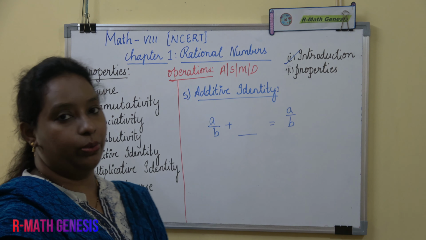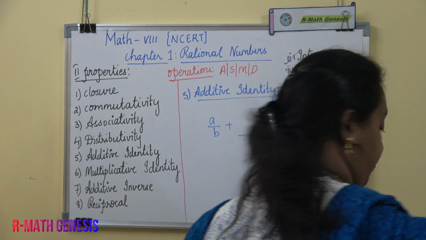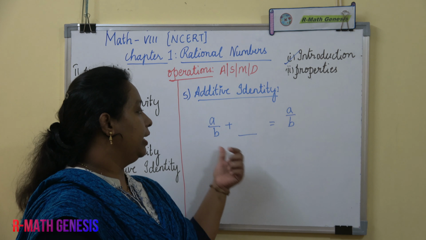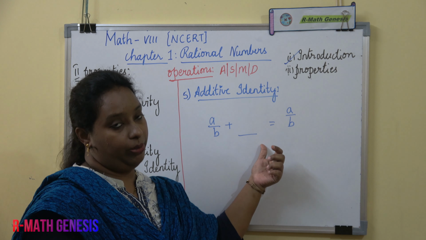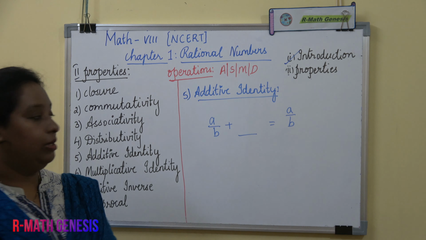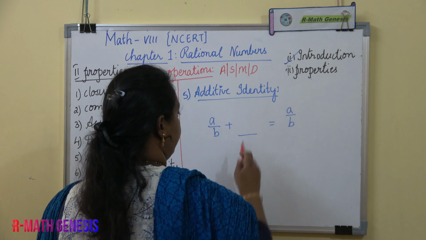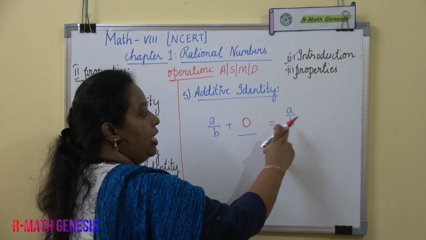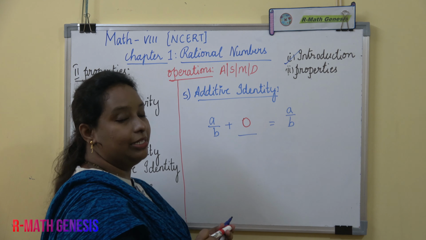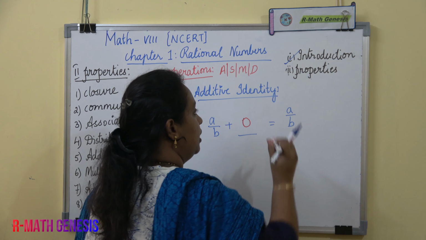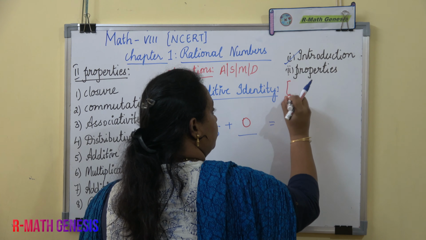So what will we add to get the same number? We'll add 0. When you add 0 to any number, you get the same number. So 0 is called the additive identity.